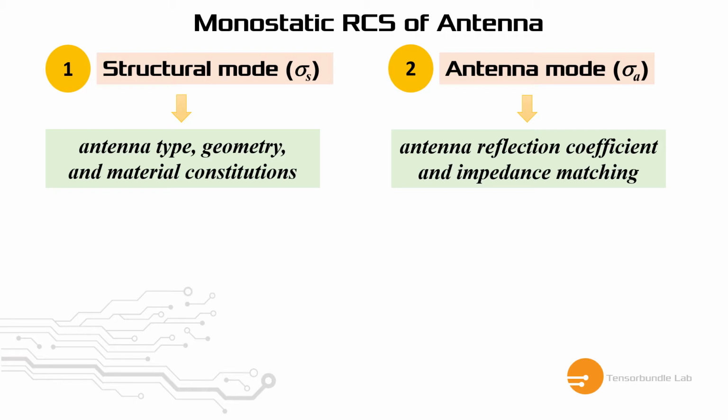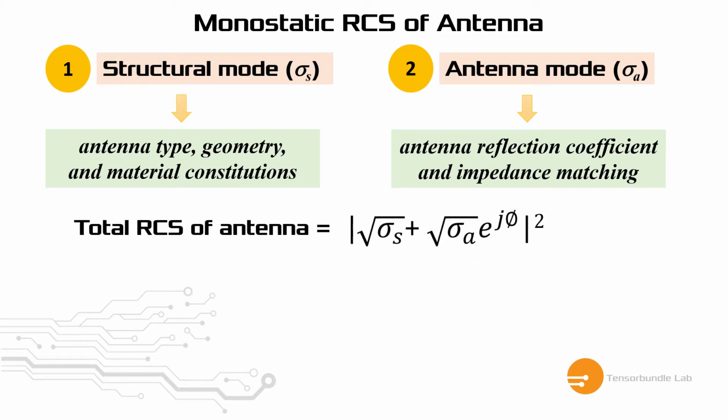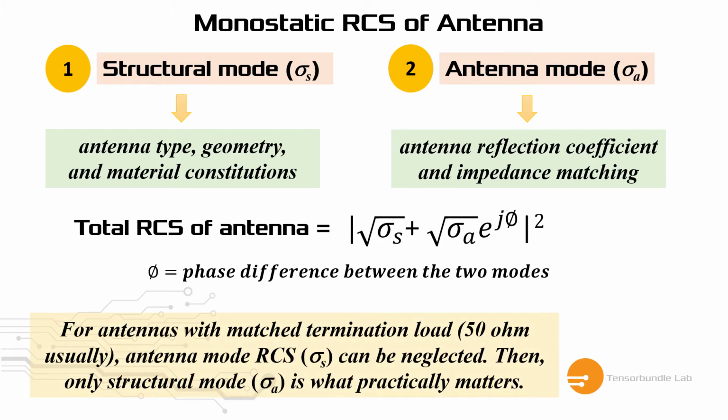And the total monostatic RCS of the antenna can be expressed by a single closed-form equation, which is this, where phi is the phase difference between the two modes. Practically, all the antennas that we employ in practical applications are matched with 50 ohm.